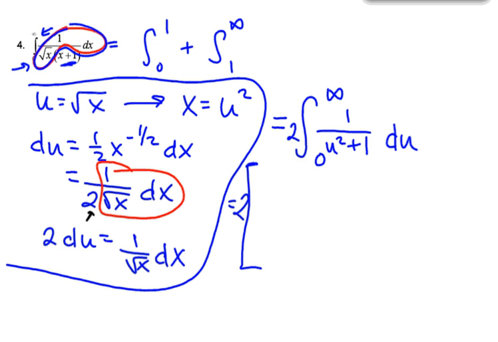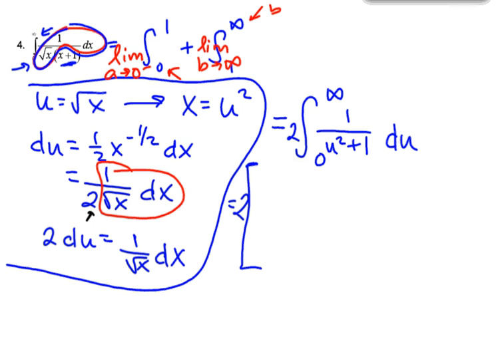Now I don't want to write so much, so I'm going to go ahead and pre-plan here. So at 0, that's my lower limit, so that's going to be the limit as a approaches 0 from the left. And then here, this is my b, so that's going to be the limit as b approaches infinity, and you don't necessarily need left or right there.